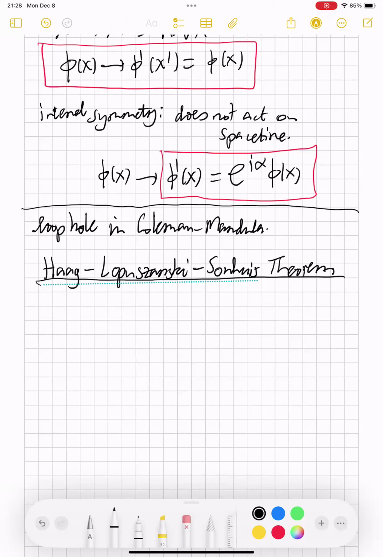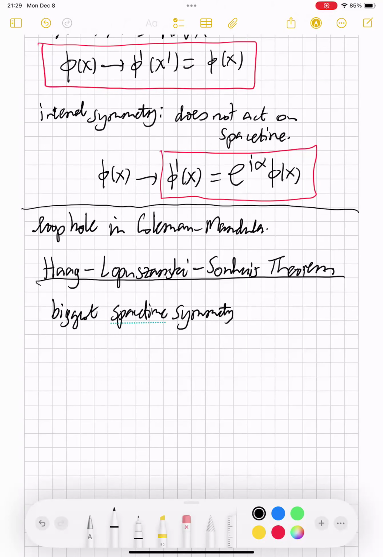And Haag, Łopuszański, and Sohnius said, well, maybe our space-time symmetry transformations can turn bosons into fermions, so maybe there's some supersymmetry, and they were able to prove that the biggest space-time symmetry is supersymmetry. So super Poincaré invariance.